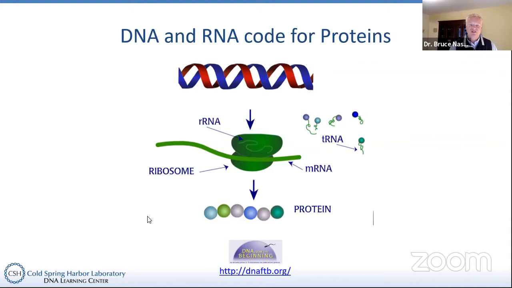Just to remind you, in organisms, DNA encodes information that goes through an intermediate RNA, which is then read by an organelle called the ribosome into proteins. And proteins perform many of the functions that are important for living organisms, and they're related to little things, viruses.